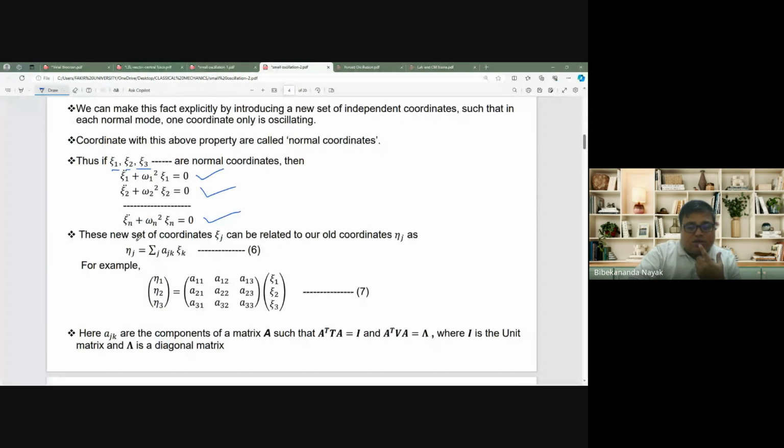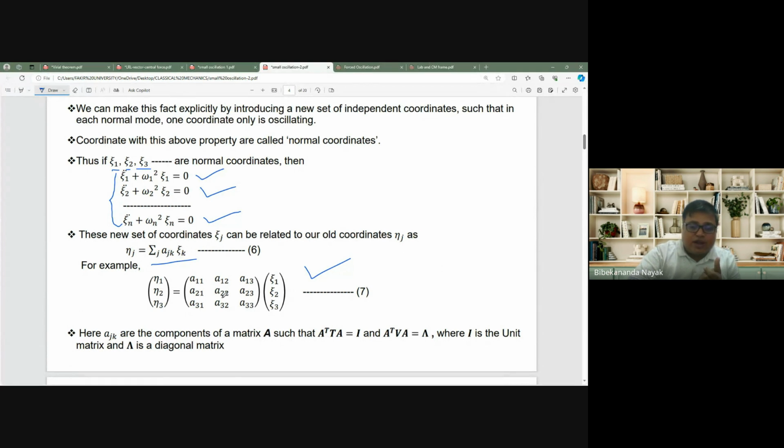This new set of coordinates J is related to our old set eta j by a transformation equation, with coefficients a jk, or in explicit form we can write it like this. So we set normal coordinates which satisfy the equation of simple harmonic motion with each omega as the frequency, and the relation between eta j and Jk can be done through a transformation like this.